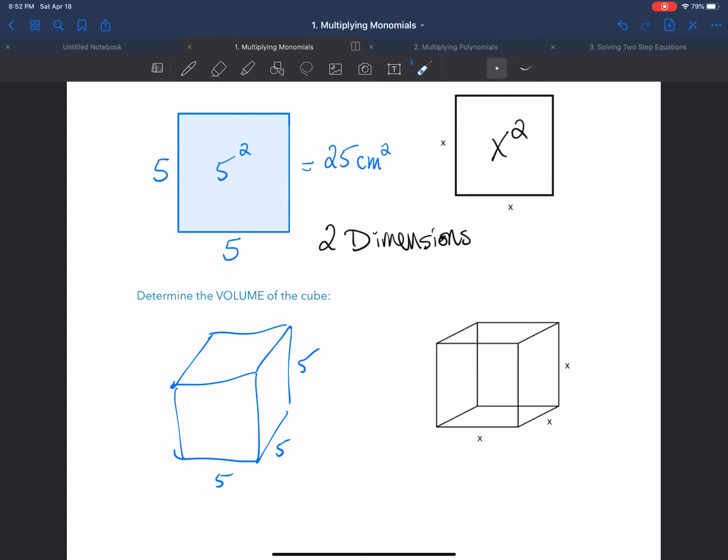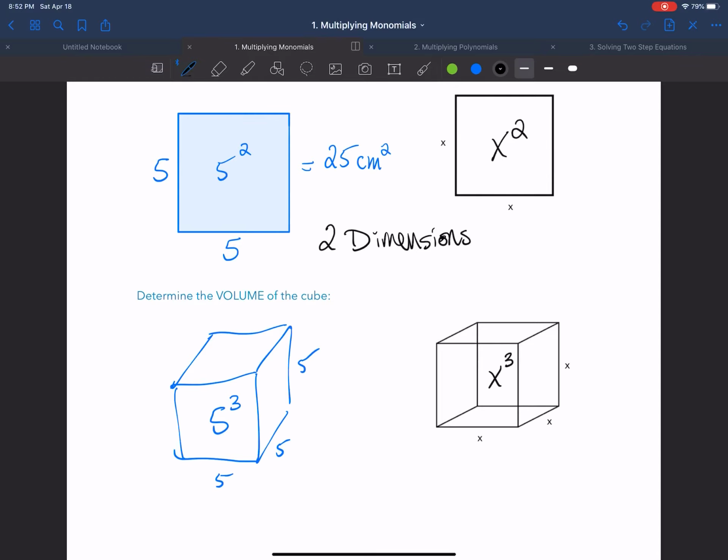This 5 times that 5 times that 5, or 5 to the power 3, 5 cubed. So same thing with this cube here. If each side is x, x times x times x would make x squared. Sorry, x cubed. X to the power 3.